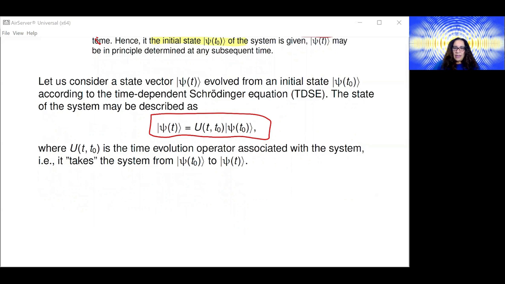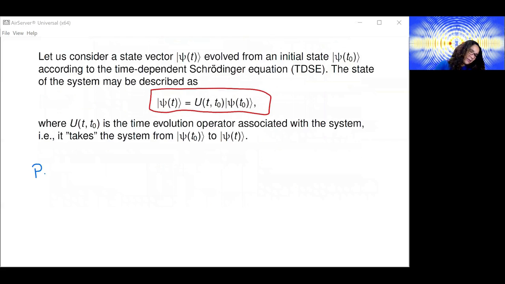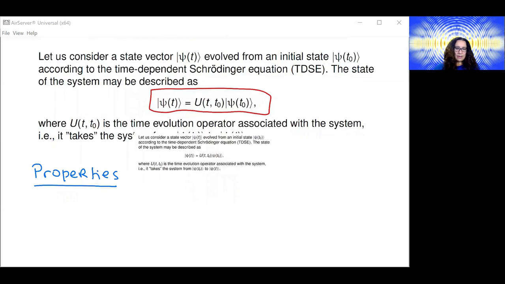Now, what are the implications? Well, we're going to solve a few things, and we're going to discuss the properties of this operator, because it has some properties which are quite important for us, and we do need to have a look at them.